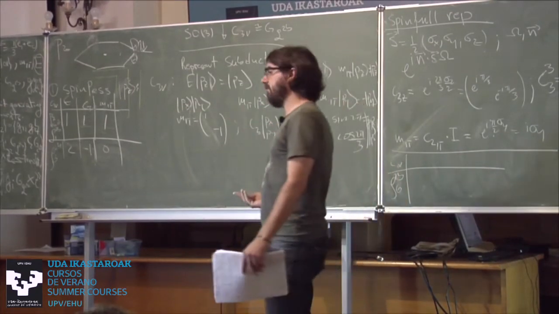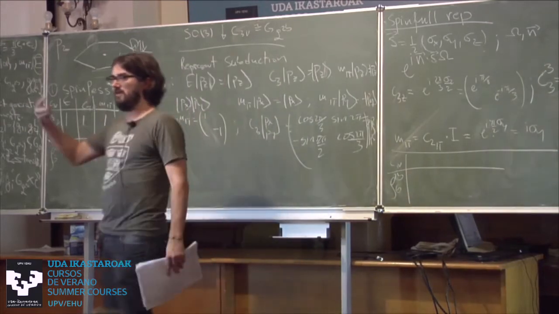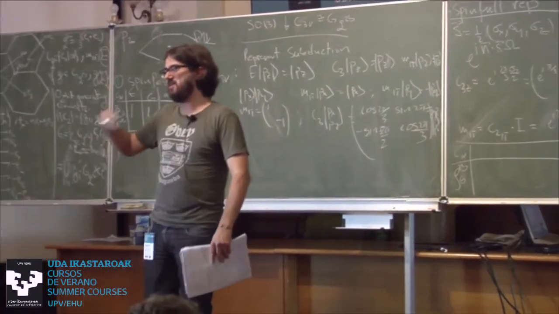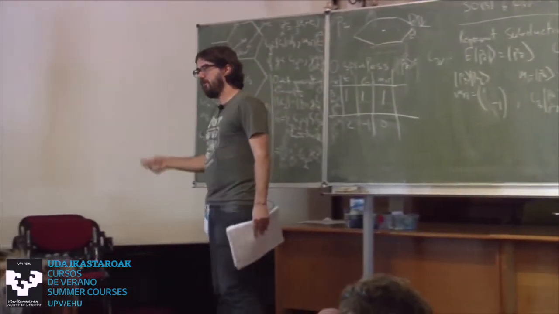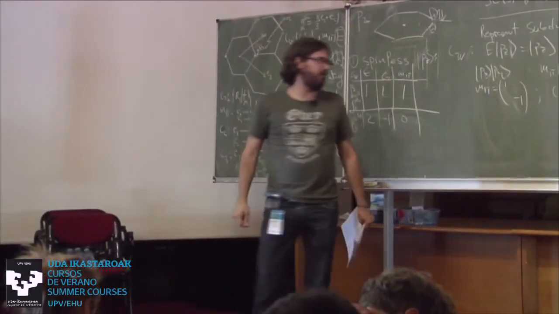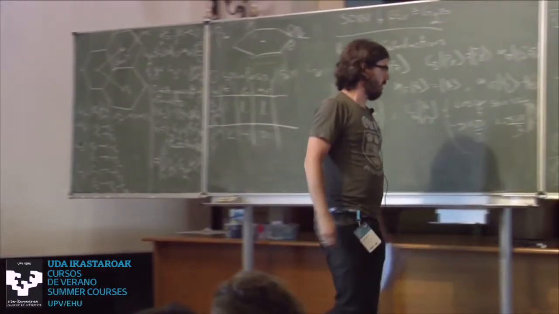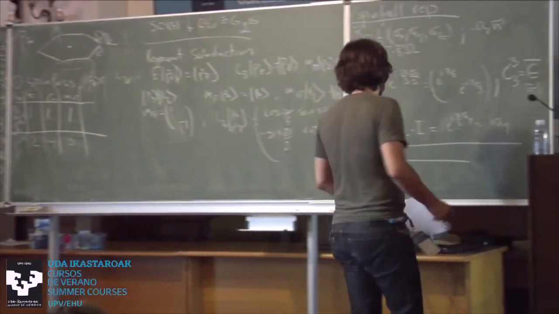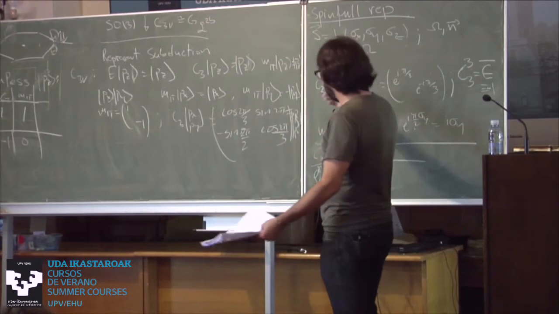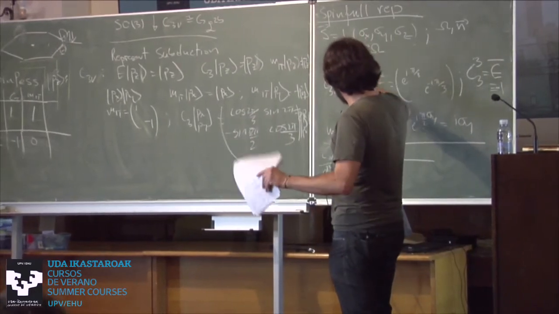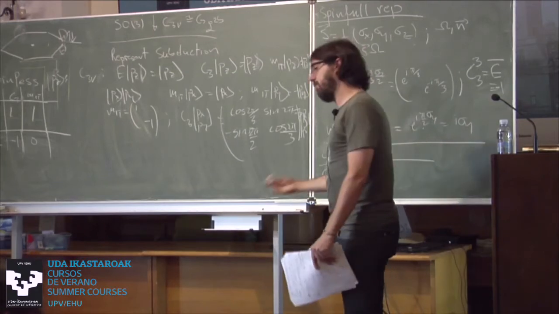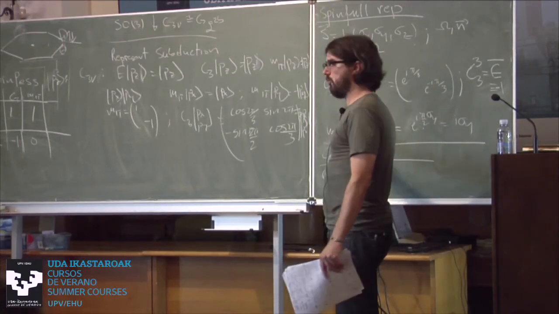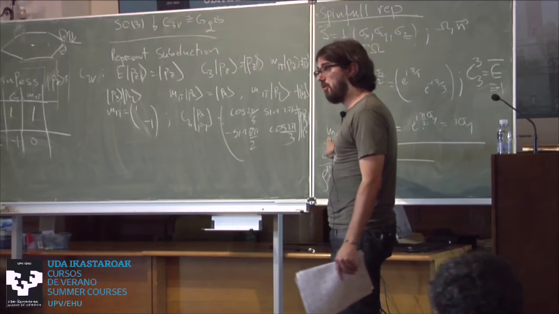But inversion by itself doesn't act on spin because you can't represent inversion as just rotations. Rotations have a different determinant than inversion. So inversion just acts on the orbital degrees of freedom, and rotations and then mirrors act on spin.